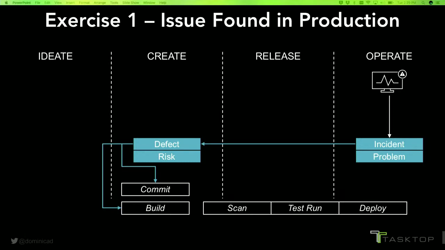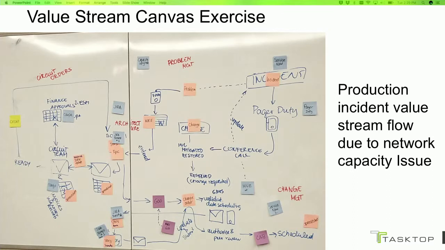The week before last, I was on the East Coast helping another bank, it's like the year of the banks, do this value stream canvas exercise. So I said, okay, let's take a look at a production incident. What happens? Well, it was a network capacity issue.